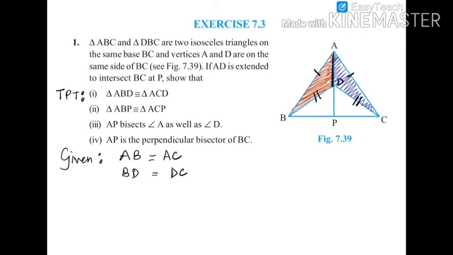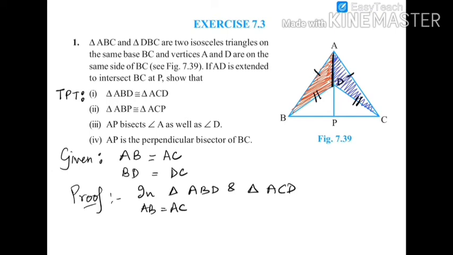So we see that all 3 sides of the red triangle are equal to the corresponding sides of the blue triangle. So let's write down in triangle ABD and triangle ACD: AB equal to AC, BD equal to DC, and AD equal to AD, common side.